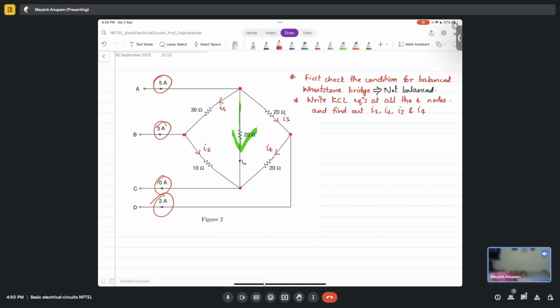Once you have I1, I2, I3 and I4, how will you find ISC? Oh, by the way, you will also find ISC when you do this, correct?